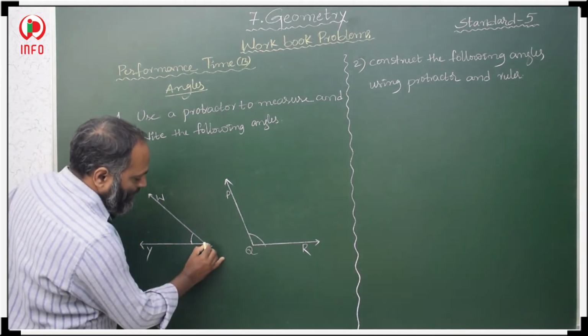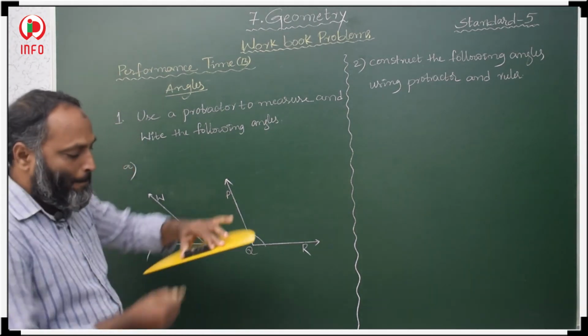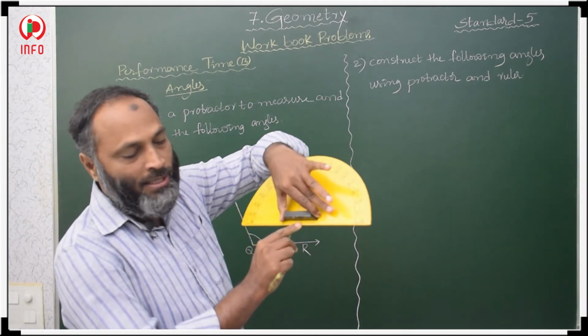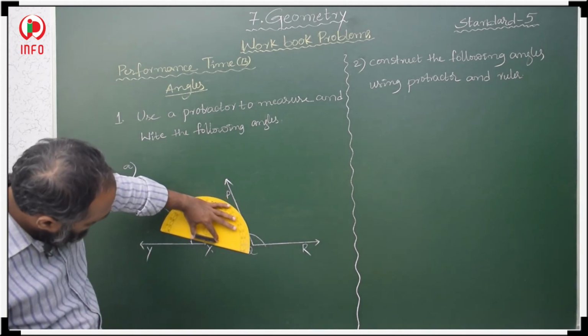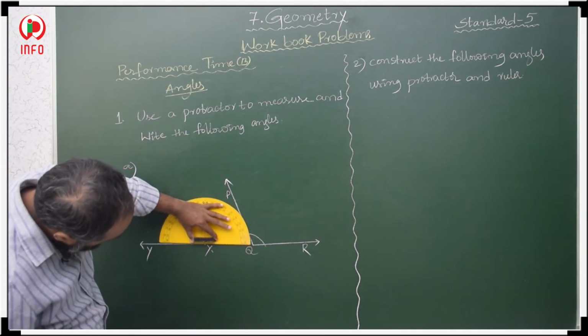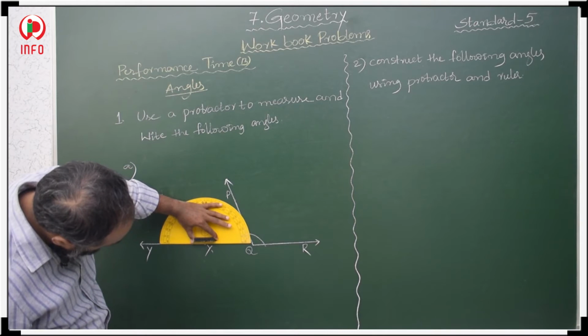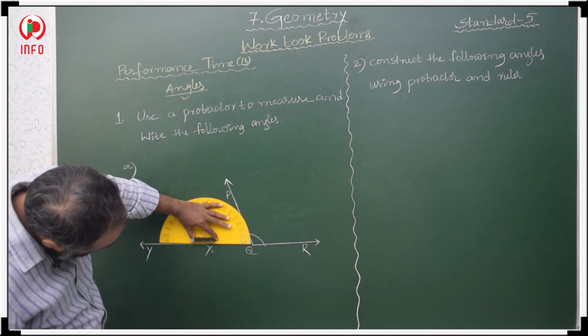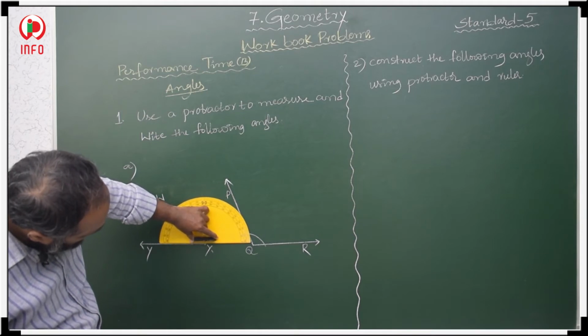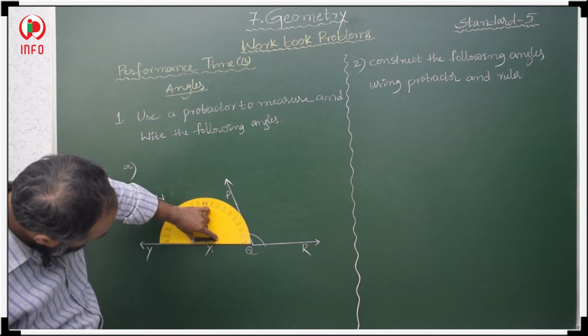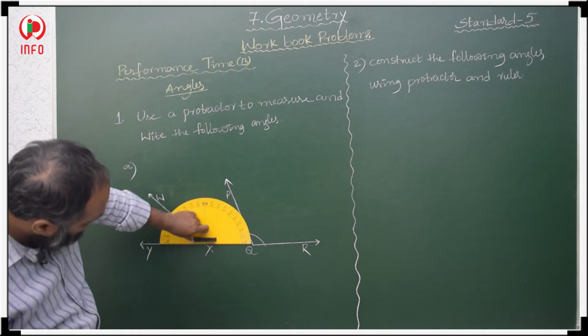First, this is the vertex. The center point of your protractor should be kept on the vertex, and the base line should coincide with the bottom line, that is, with ray XY.